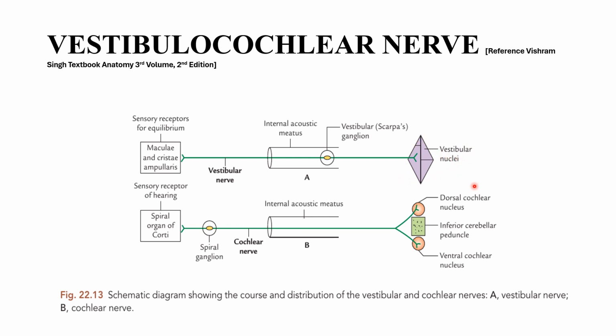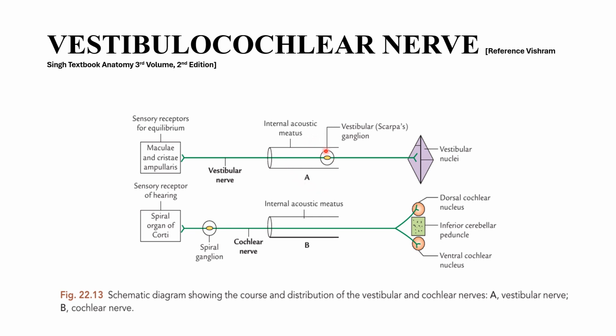The vestibular nerve arises from the pontomedullary junction, and from there it passes through the cerebello-pontine angle, or pontocerebellar angle, and then enters the internal acoustic meatus.